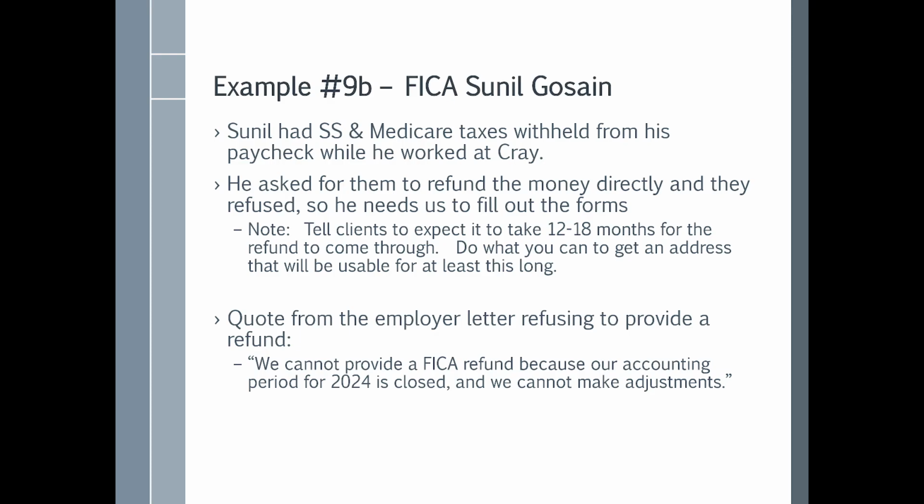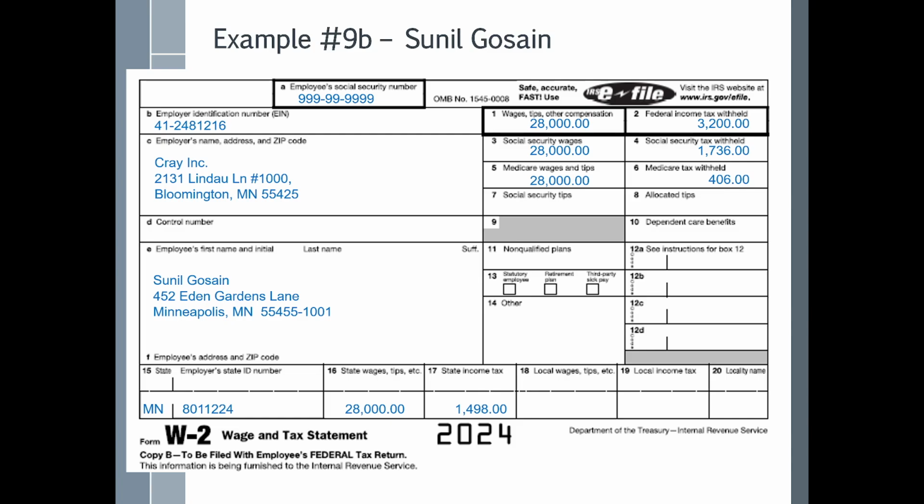Let's pretend our quote from the employer is, we can't provide a FICA refund because our accounting period is closed and we cannot make adjustments. That's whatever it is. And then here is his information about his Social Security and Medicare taxes withheld.